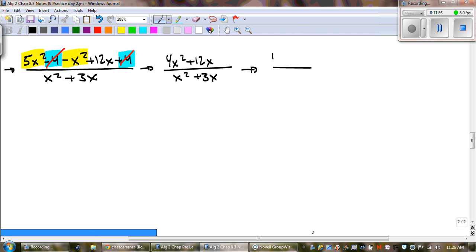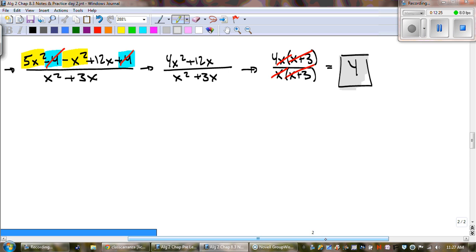The top, the GCF is a 4x, and then we're left with x plus 3. And on the bottom, we can factor out an x, and we're left with x plus 3. Well, the x plus 3's cancel, the x's cancel, and then we're left with 4. There we go.